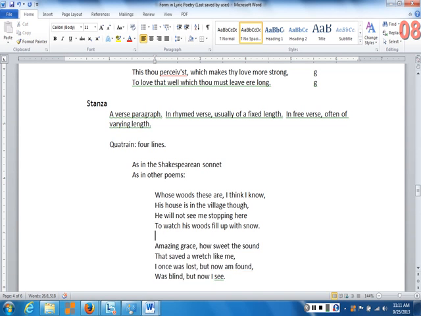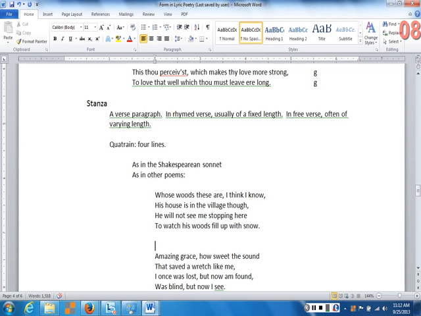Now, I want to look at something else about stanza structure, and we very often find this in poems that are divided into quatrains, okay? "Whose woods these are, I think I know... to watch his woods fill up with snow." Stanza, remember that concept, stanza number 1, okay?